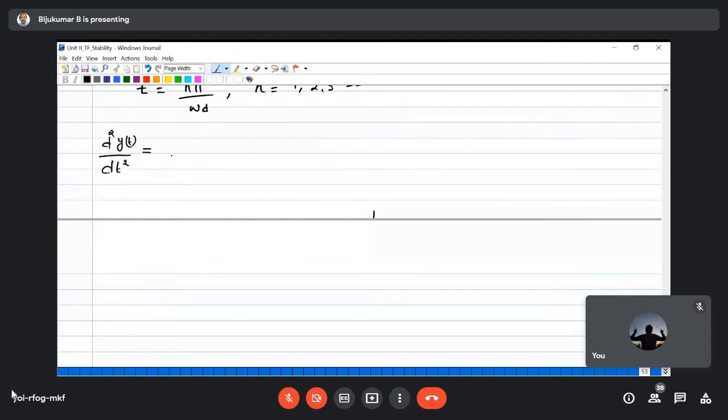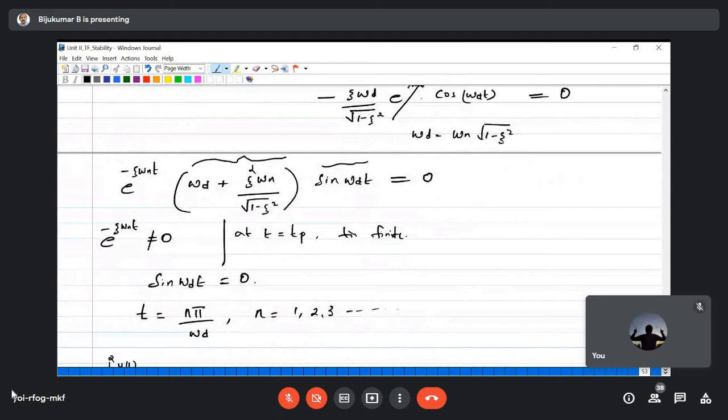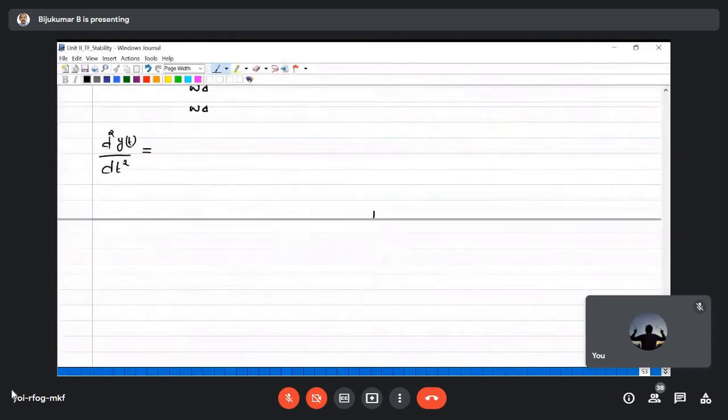So if you differentiate again dy by dt, what we will get? dy by dt is equal to e power minus zeta omega n t multiplied by omega d plus zeta square omega n divided by root of 1 minus zeta square, right? So if we differentiate, it's this portion. Now we have to differentiate this portion again.